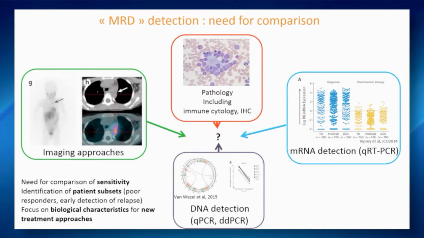However, I think that for the MRD question, as has been discussed with many colleagues, there's a need for comparison of different techniques, and we need to move further into the determination of the sensitivities, because what we will want to do in the future is compare imaging approaches, pathology, including immune cytology, immunohistochemistry, the mRNA detection that we have not had time to talk about here, but I think there are a number of very exciting presentations during the coming days, and integrating the ctDNA studies that I mentioned.